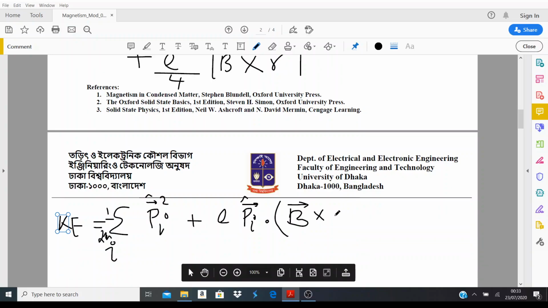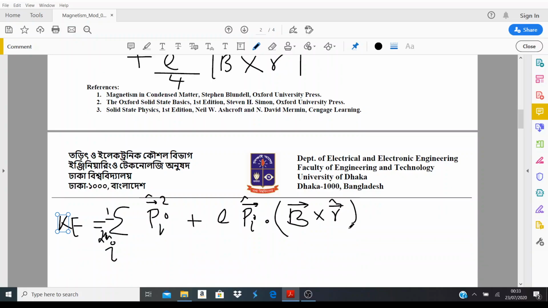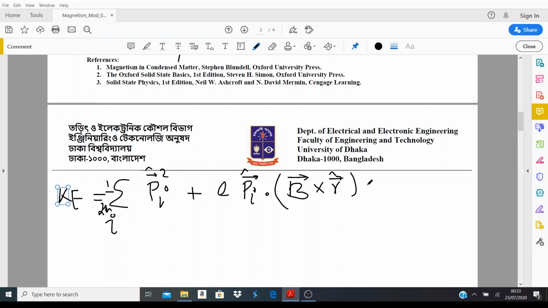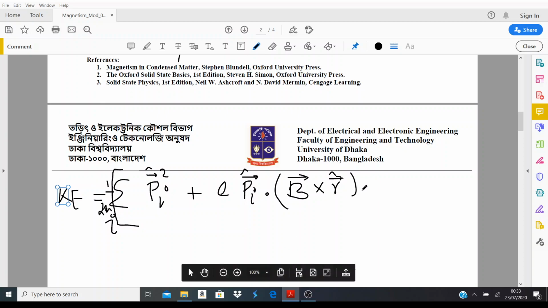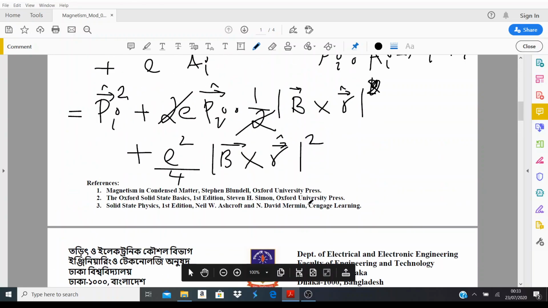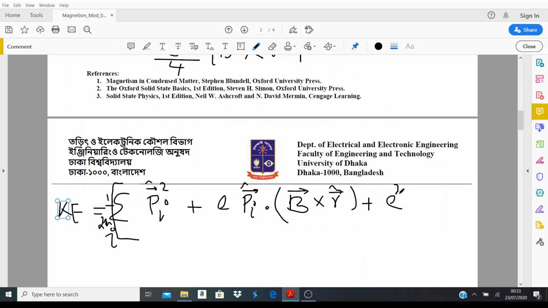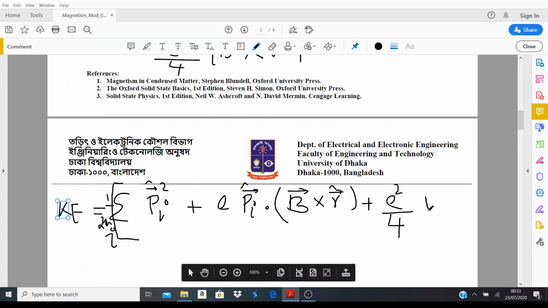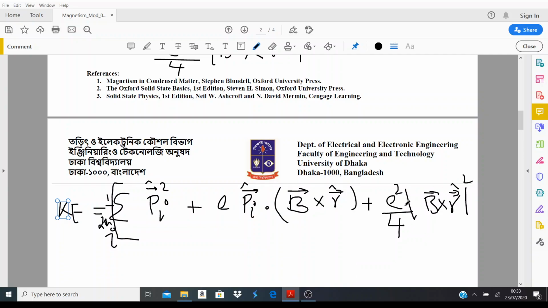Just check this expression. The last term is operating on the whole of this term, so the last term is e squared by 4 times the magnitude of B cross r squared. So that's the total kinetic energy.